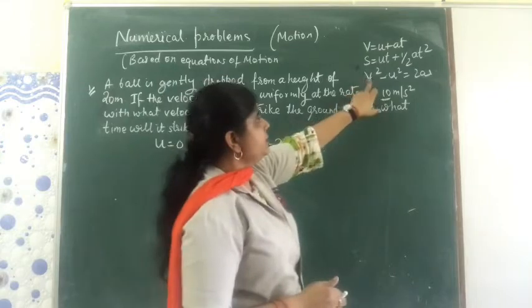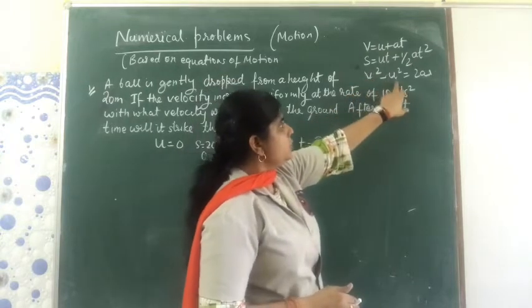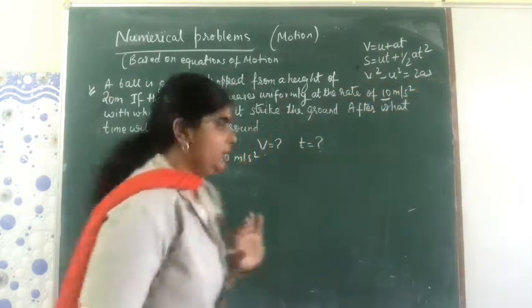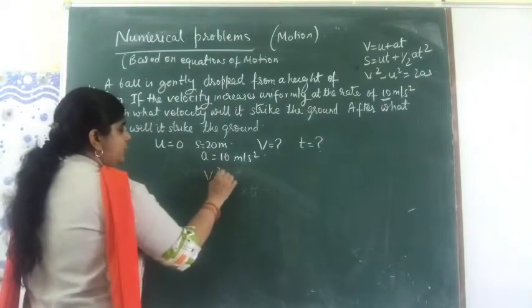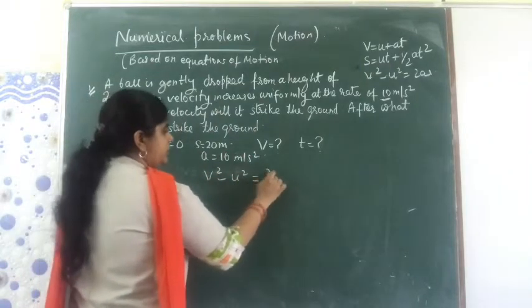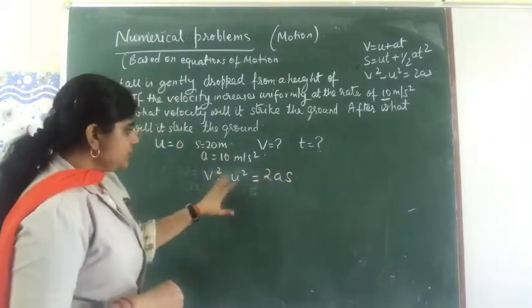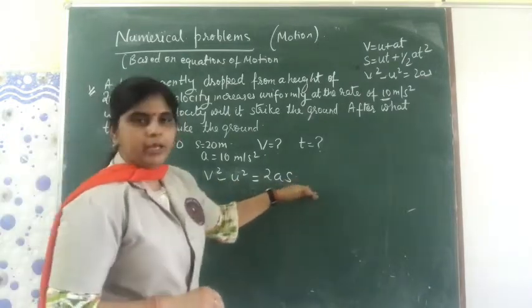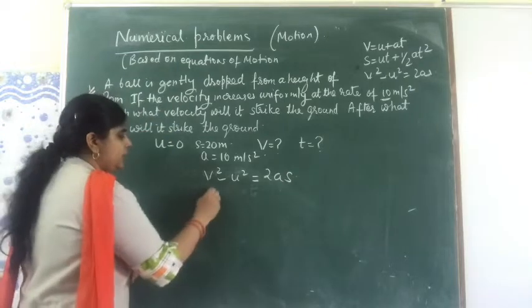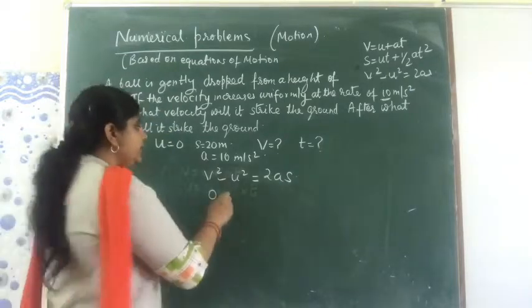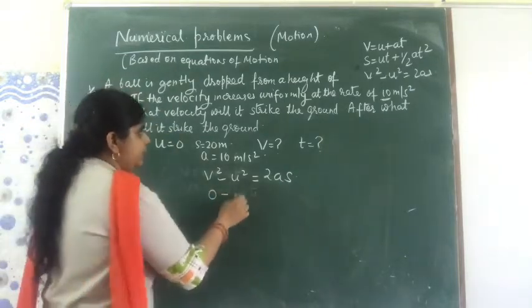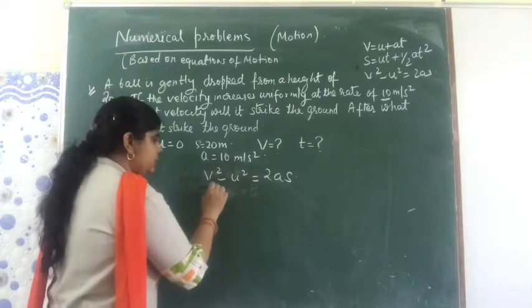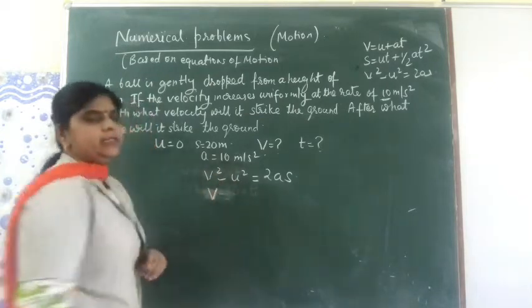Suppose I take v square minus u square is equal to 2as. Now what is the final velocity? That we do not know, so I write it as v.